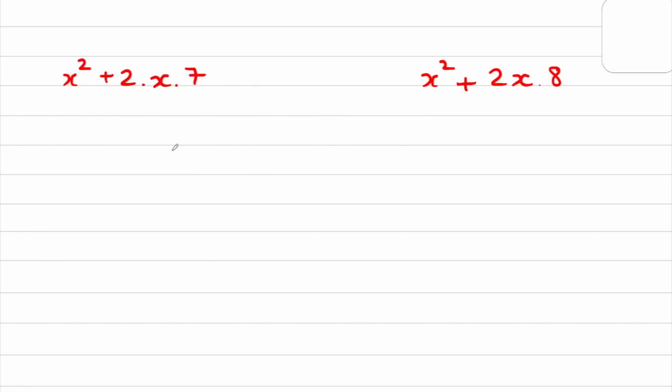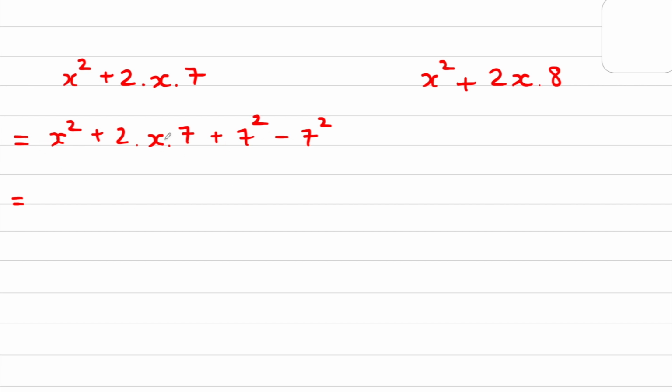The next two examples on the slide: x squared plus 2 multiplied by x and multiplied by 7. In the next step, I understand that the second number is 7. It means plus 7 squared here, and at the same time you have to subtract 7 squared. And 7 squared minus 7 squared equals 0, which means I don't change the value of this expression.